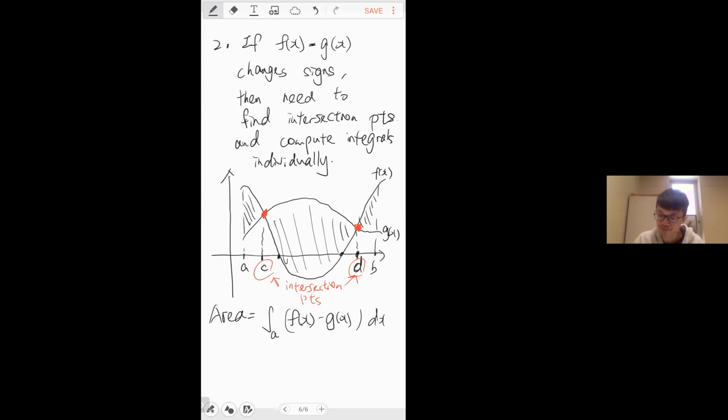And between C and D, you do g of x minus f of x. And finally, from D to B, f of x is on top, g of x is bottom, so f of x minus g of x again.